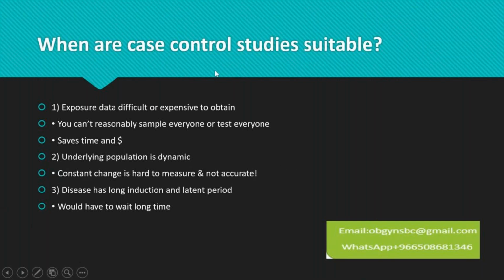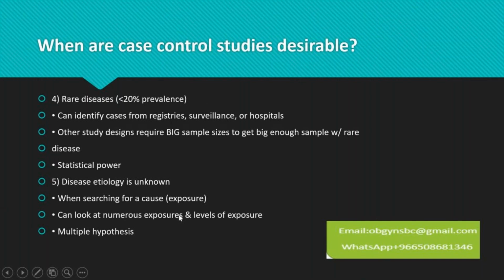You can also use case control studies when the disease has a long induction and latent period, but you would have to wait long times. So usually we use case control studies for acute outbreaks.